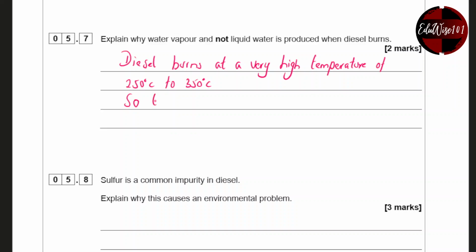So the water formed will boil to form water vapor at 100 degrees Celsius.